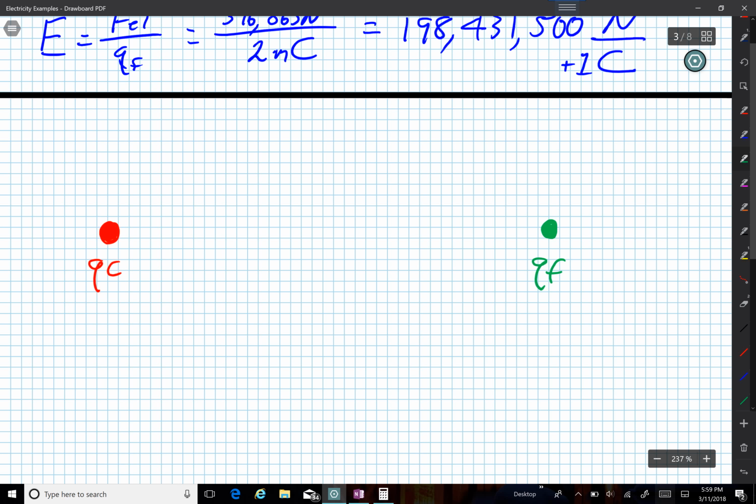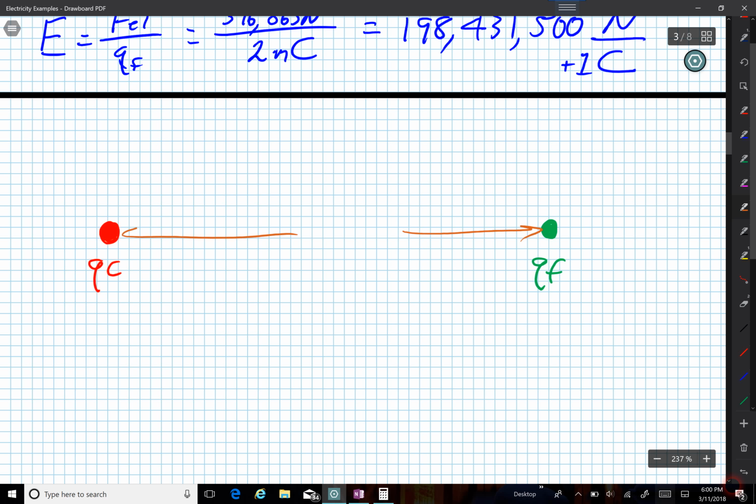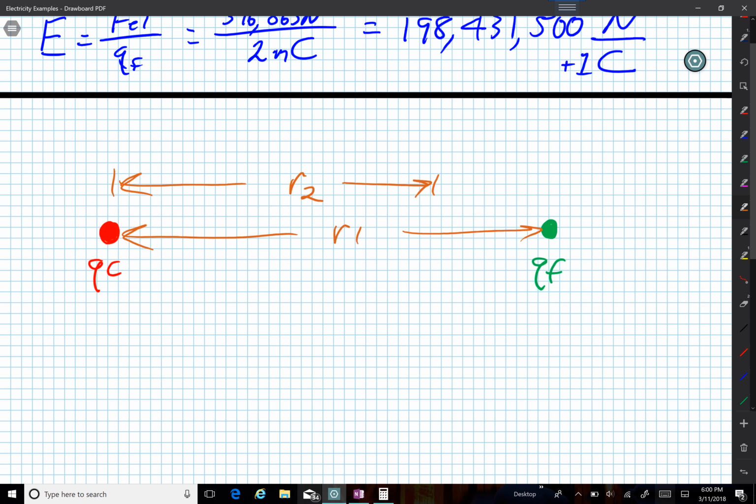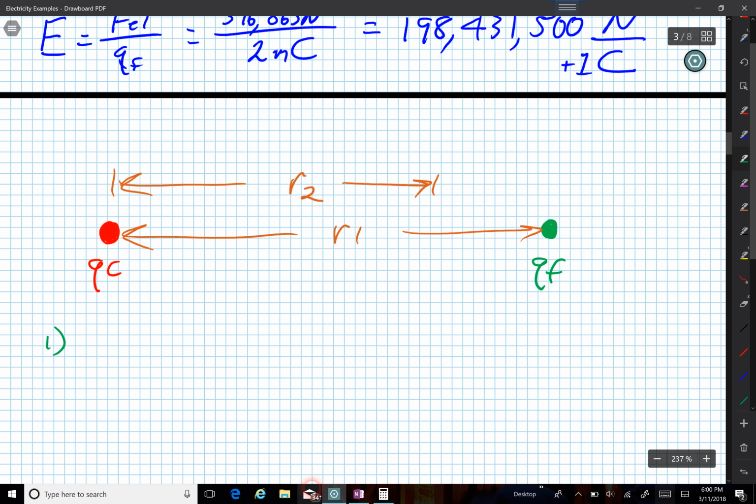And let's say, in addition, that this distance is R1, and there's another distance that's shorter, that's R2. And let's say we want to, we'll do our first problem: move Q_F from R1 to R2.